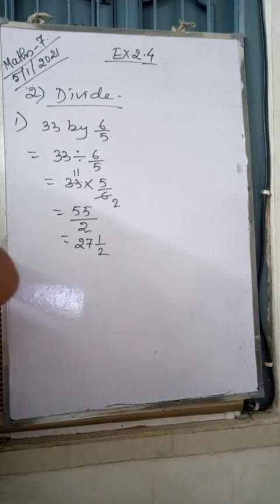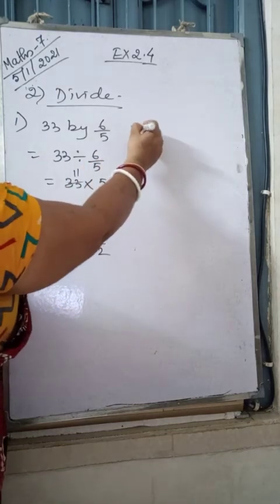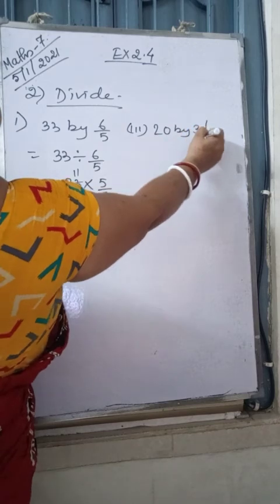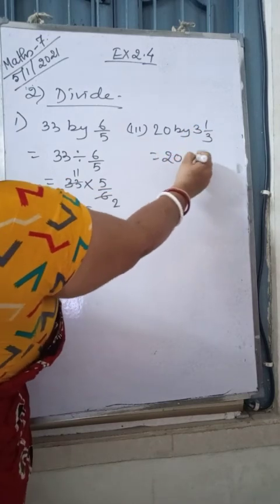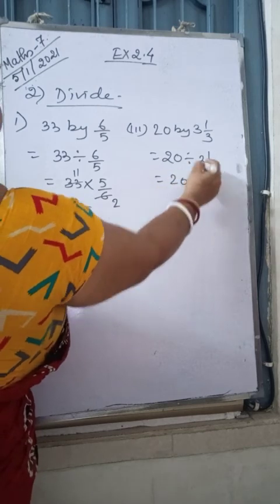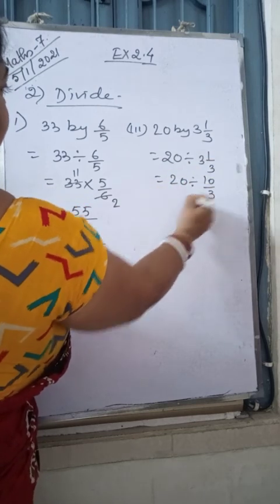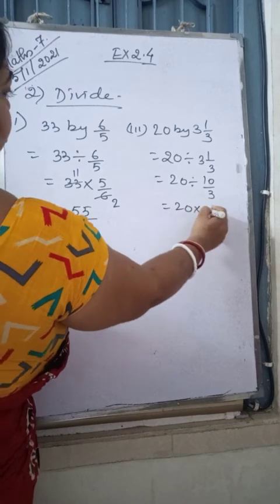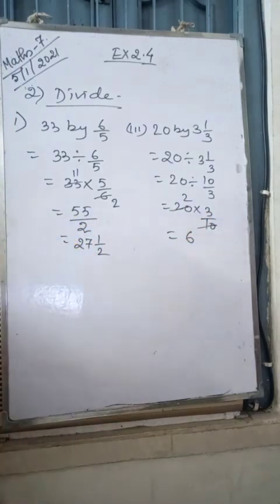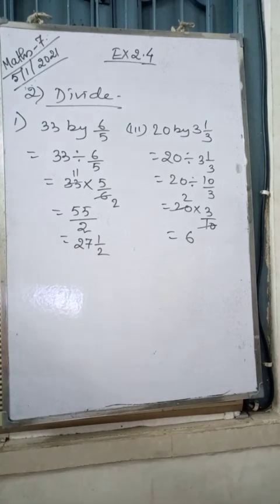Maybe you see number 3. 20 by 3 whole 1 by 3. So we are going to write 20 divided by 3 whole 1 by 3. 3 3s are 9 and 1, 10 by 3. Or 20 into 3 by 10. 10 2s are 20. So the answer is 6. Okay.